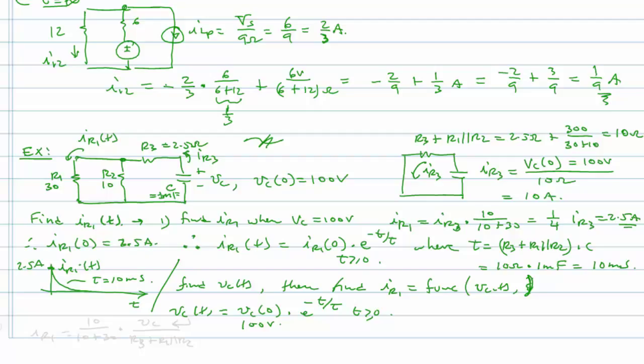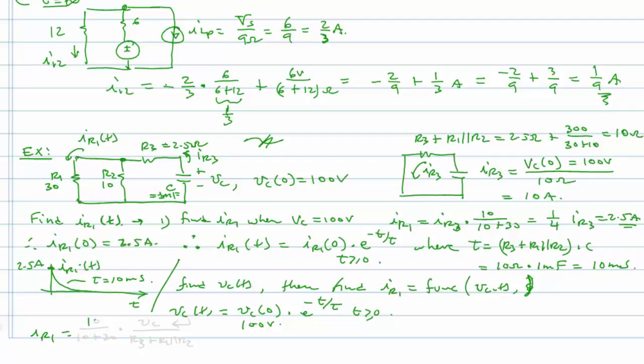Then we simply need to write IR1 as a function of Vc. We can use current division to express IR1 in terms of IR3.